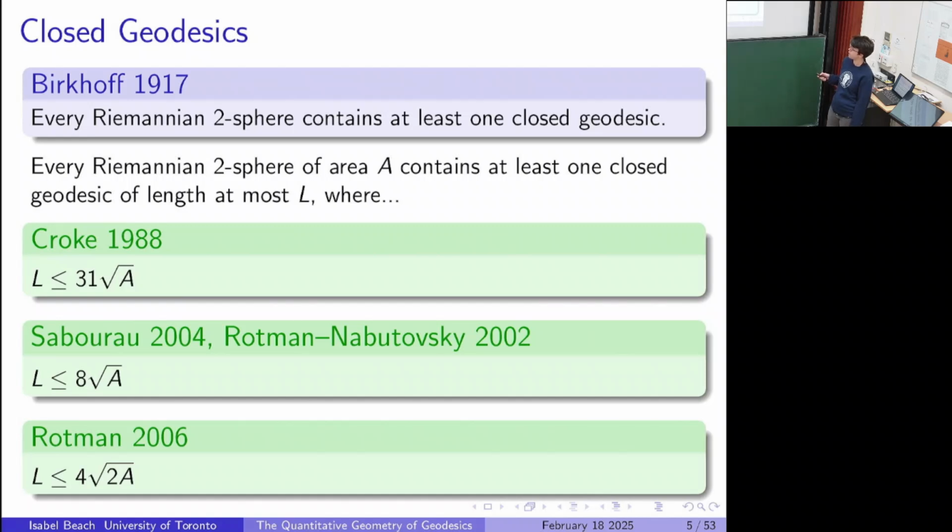The statement is: every Riemannian two-sphere of area A contains at least one closed geodesic of length at most L. The first bound was proven by Croke in '88. He proved that you can bound it by 31 root A. This was improved by Nabutovsky, Rotman, and Sabourau to 8 root A, and finally to 4 root 2 root A. So these are some examples of quantitative theorems.